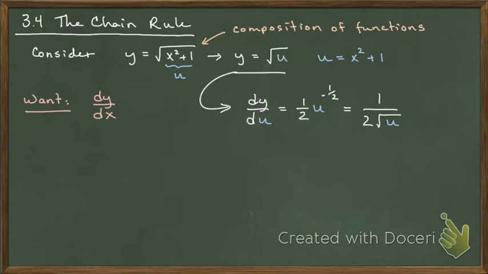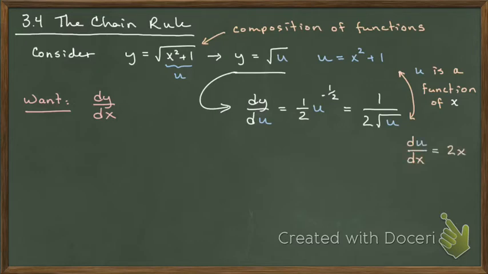I like to think of this as the derivative of the outside function, okay? I also have to remember that u is a function of x. U is a function of x. So when I take a derivative of y with respect to x, I also have to consider what's inside. What's the inside function? What is u? And I also need the derivative of it.